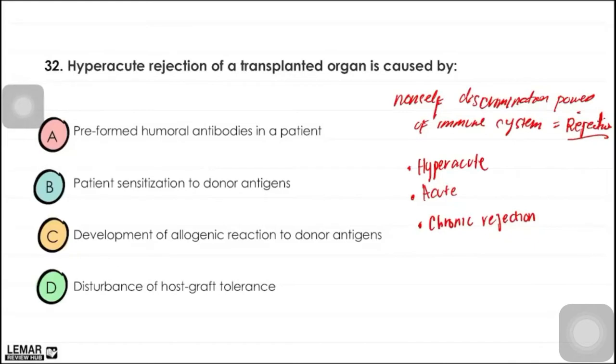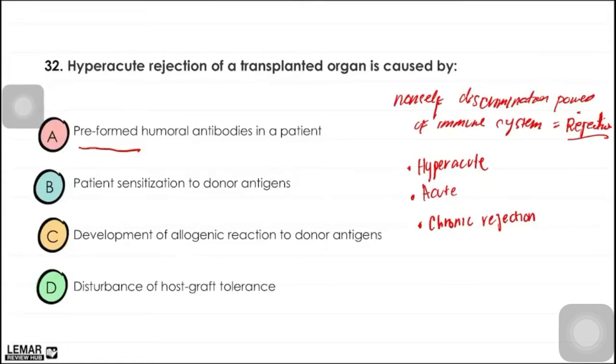The definition of hyperacute rejection: this occurs within a few minutes. That is why it is called hyperacute, because it is fast. It appears within minutes to a few hours, actually within 24 hours of transplantation. It is a result of destruction of the transplant by so-called preformed, or pre-existing, antibodies to incompatible MHC antigens and to carbohydrates expressed on transplanted tissues.